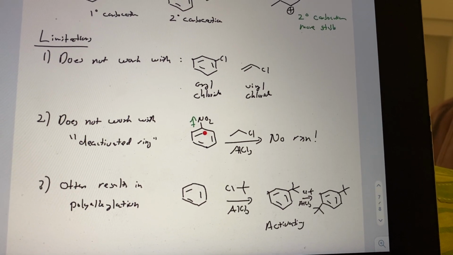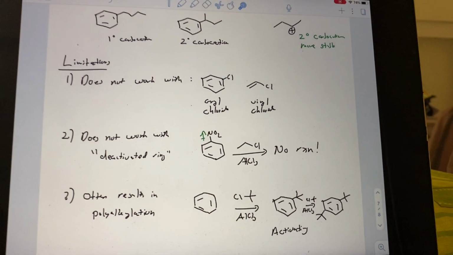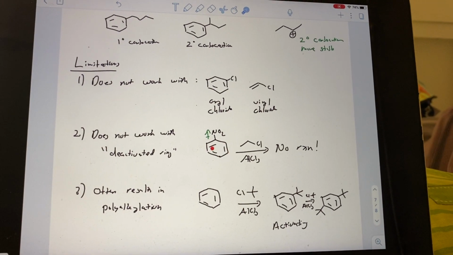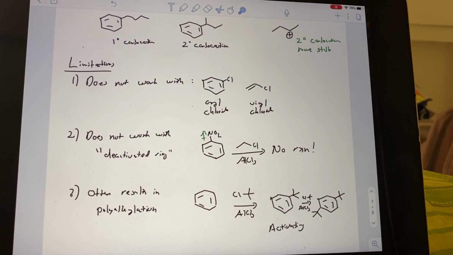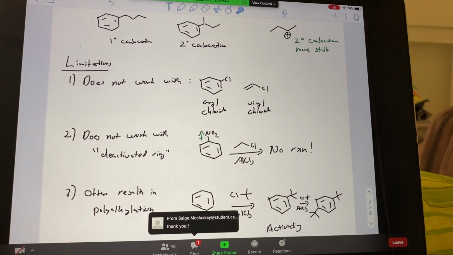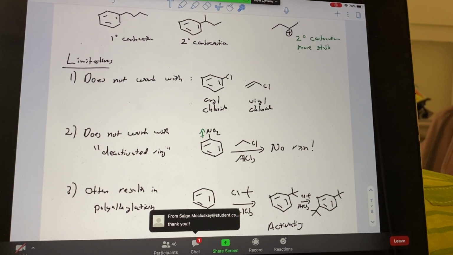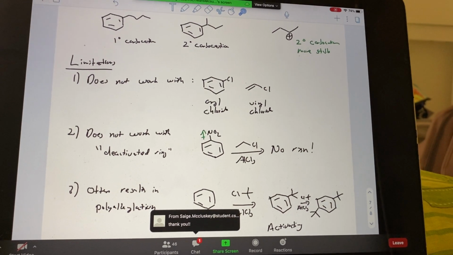So if you have stuff pulling electron density away, say by induction, it's going to make this ring less reactive, and the jargon for that is to deactivate it. And so we'll see some more examples of these activating and deactivating groups.